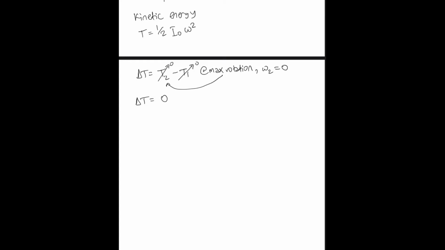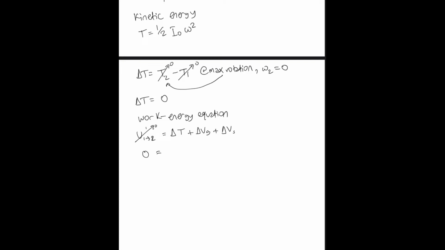Now that we've got all of that, we can plug it into the work energy equation, which is U equal to delta T plus delta Vg plus delta Vs. There's no external work, so U is 0.